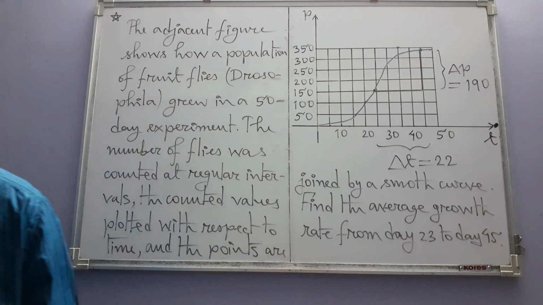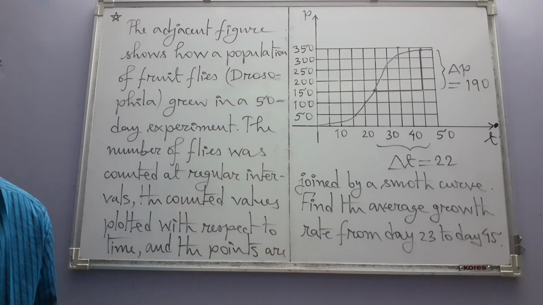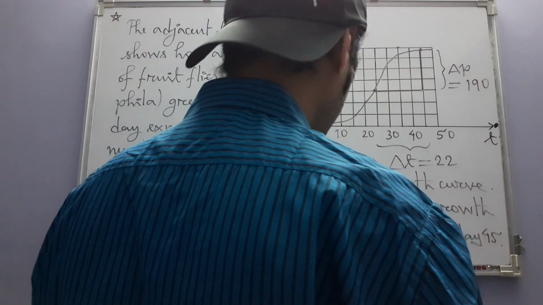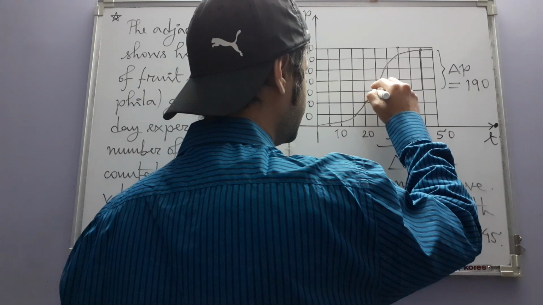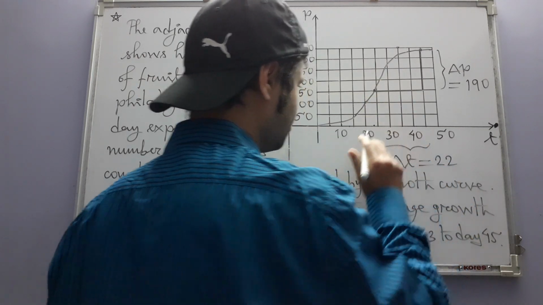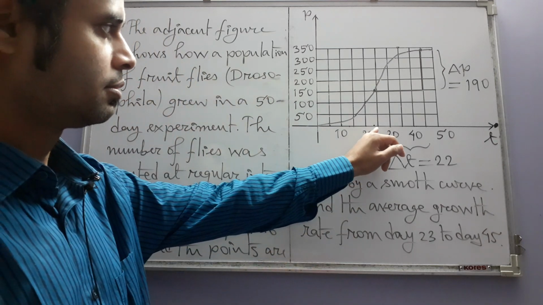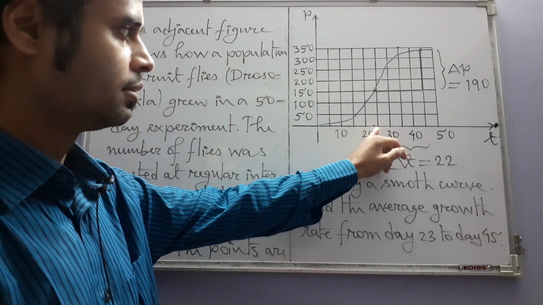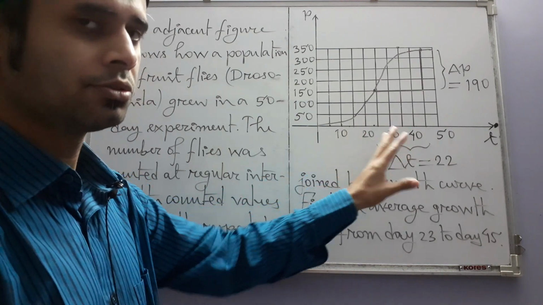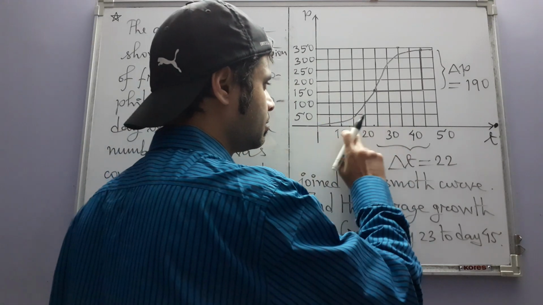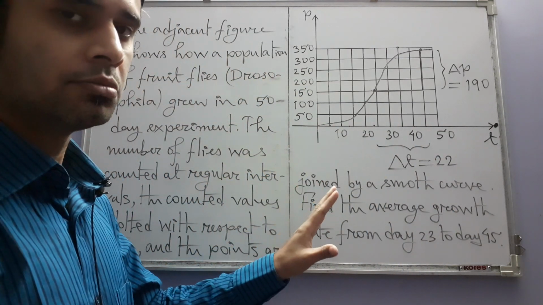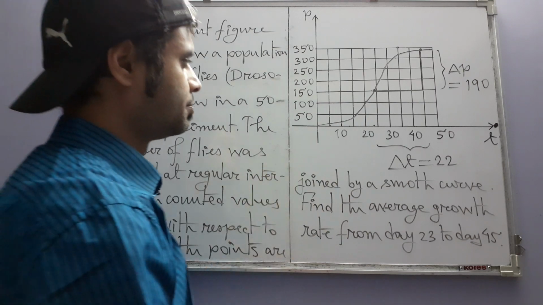Okay, so now what happens is this: day 23 lies here somewhere. From the figure it does not look like that, because I am saying that this is 23, whereas it is very close to 25. You should understand that the way I have drawn this is not meant to be geometrically accurate.